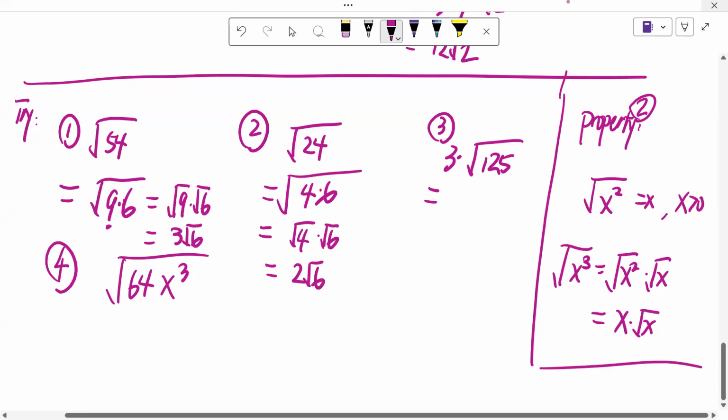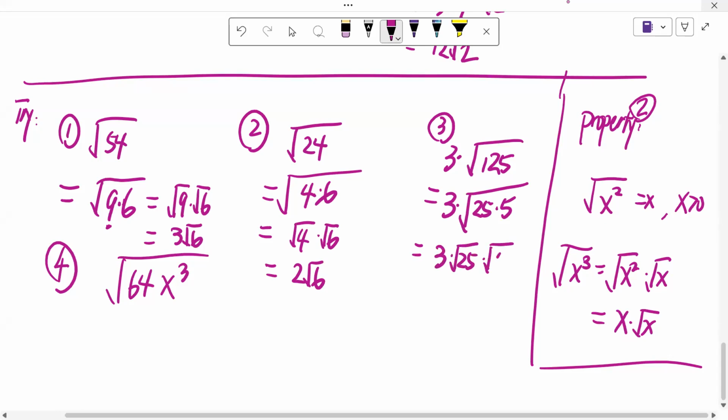And then the third one, again, the maximum perfect square that goes into 125 is 25. 25 times 5. So 3 times square root of 25 times square root of 5. Square root of 25 is 5, so 3 times 5 is 15 square root of 5.